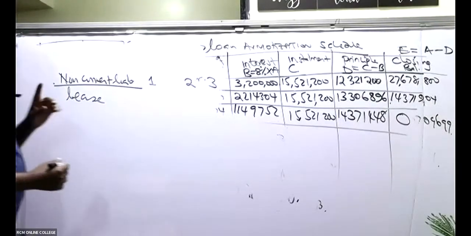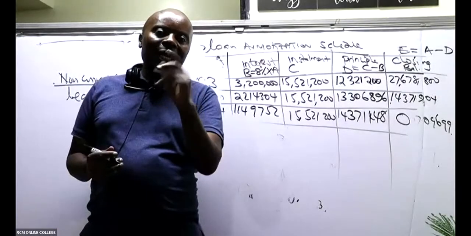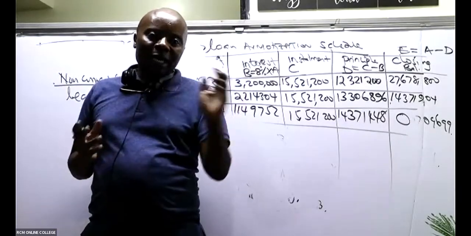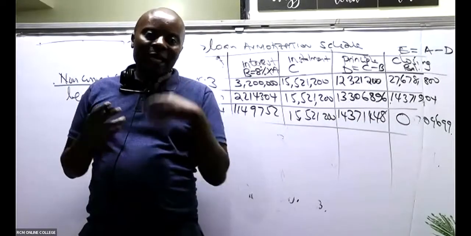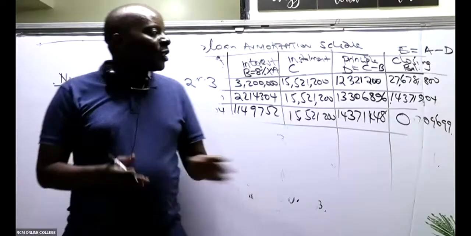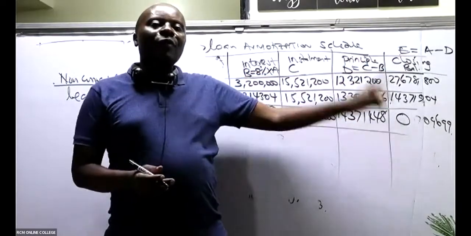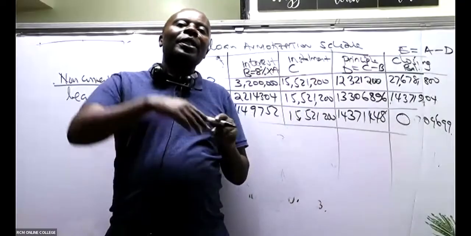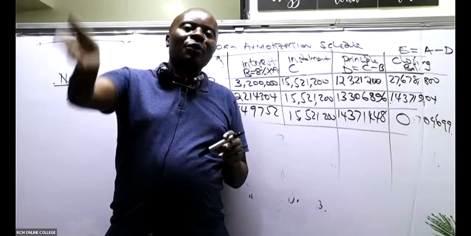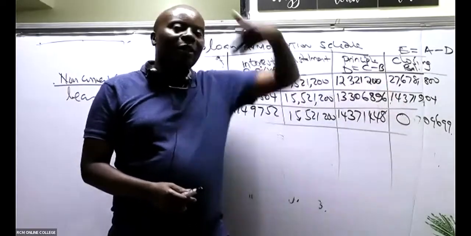Non-current means that we are going to take more than a year to pay. Any liability which spans more than a year is not current. Current is what will be paid within the year. So the first non-current liability is the one that is going to take us more than a year to pay. This one here, 14, second year and onwards.